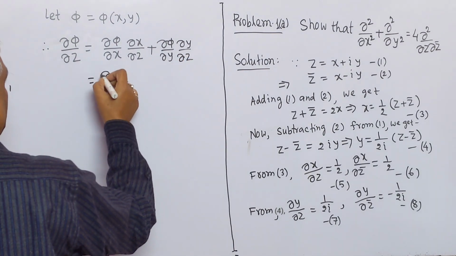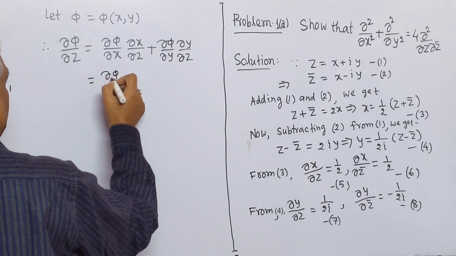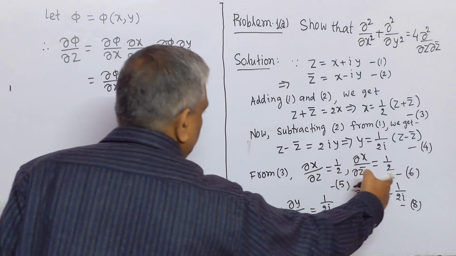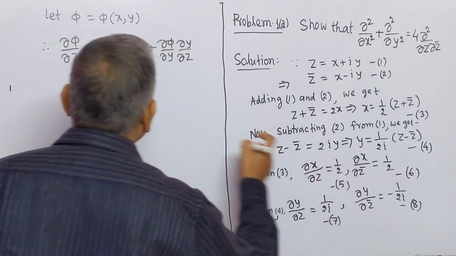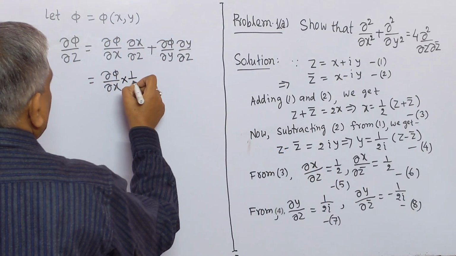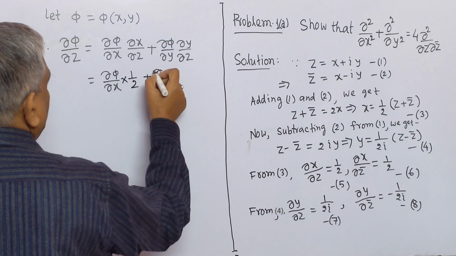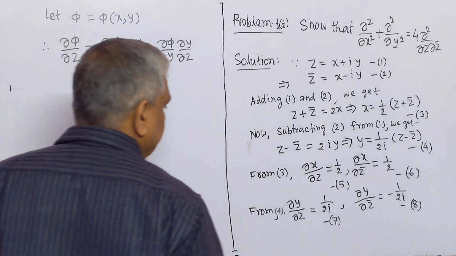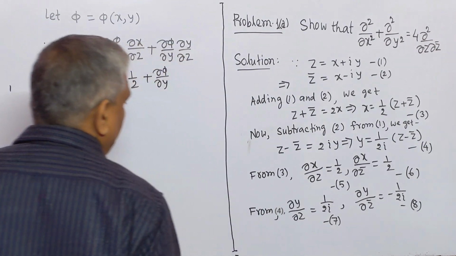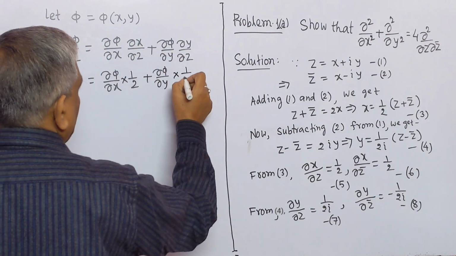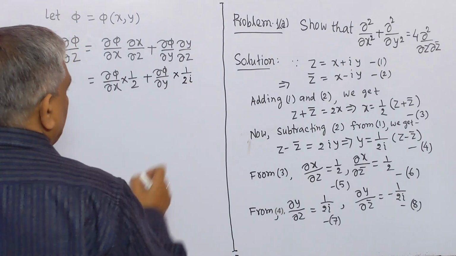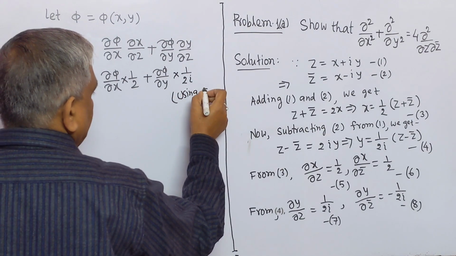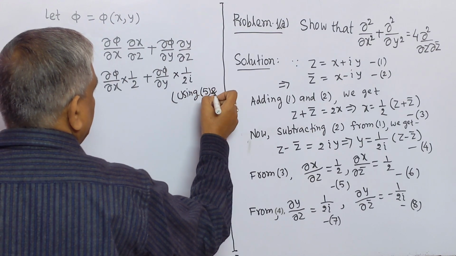This is equal to del phi by del x, here from 5, this is half, plus del phi by del y, 1 by 2i, using 5 and 7.